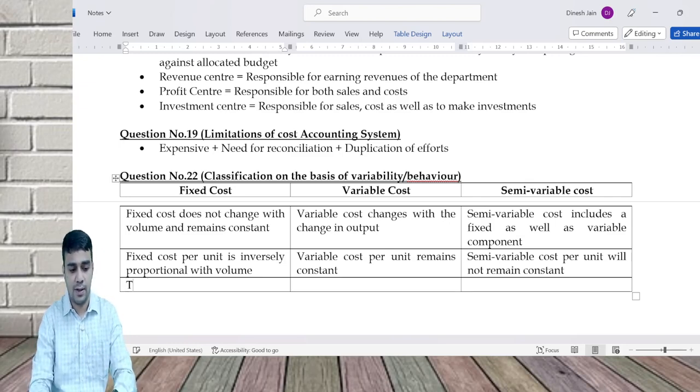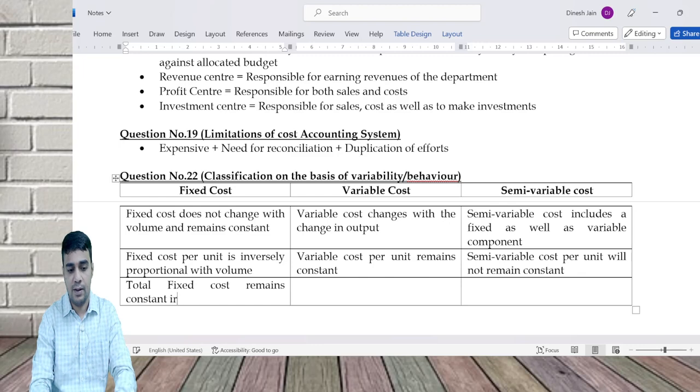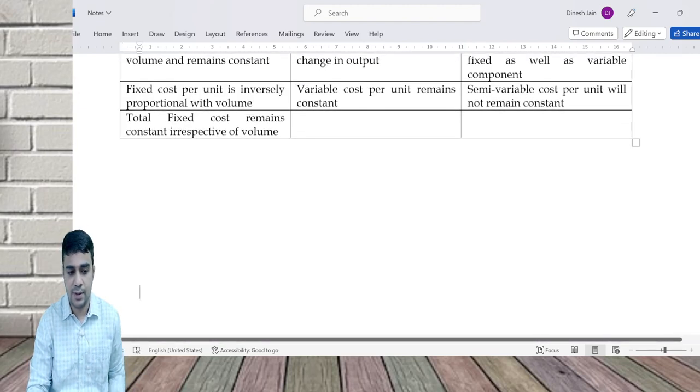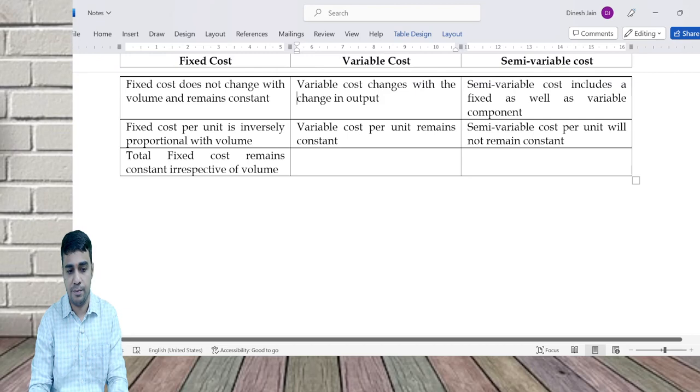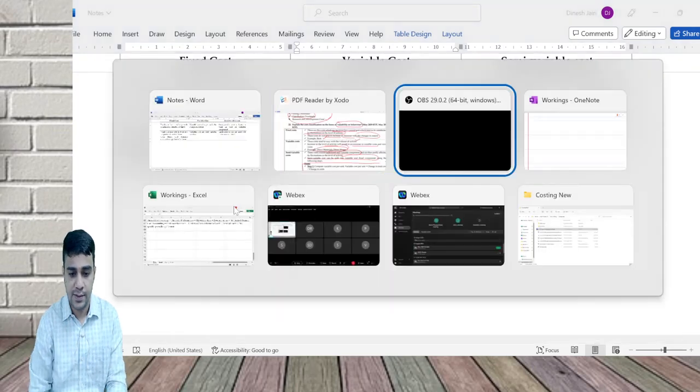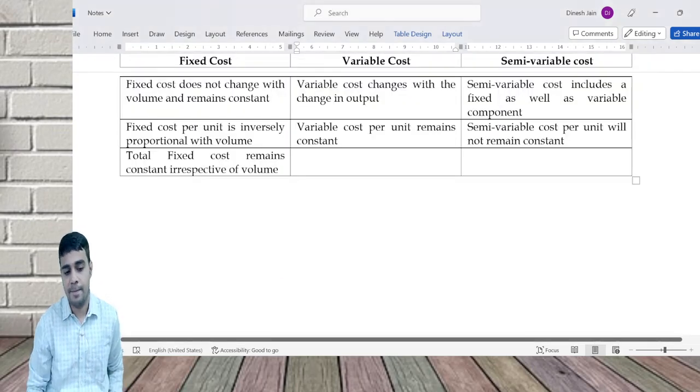Total fixed cost remains constant irrespective of volume.